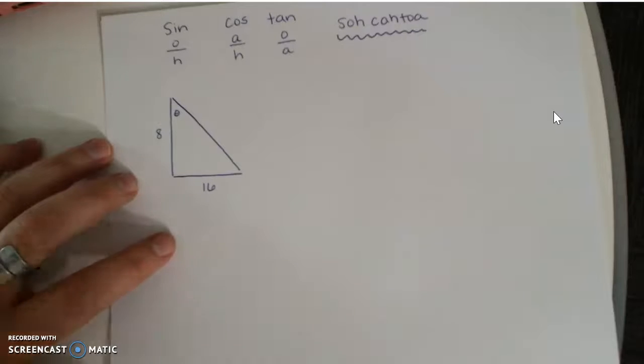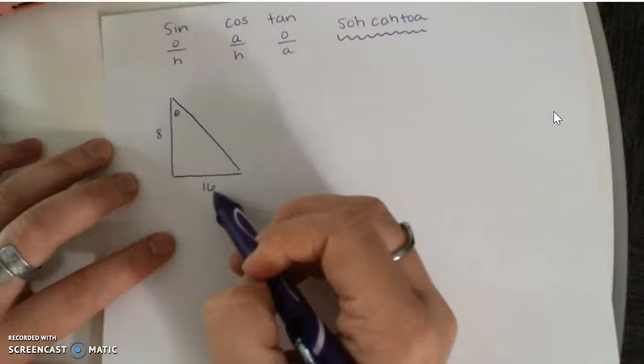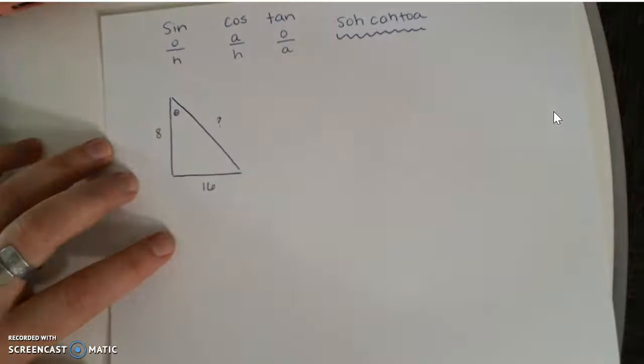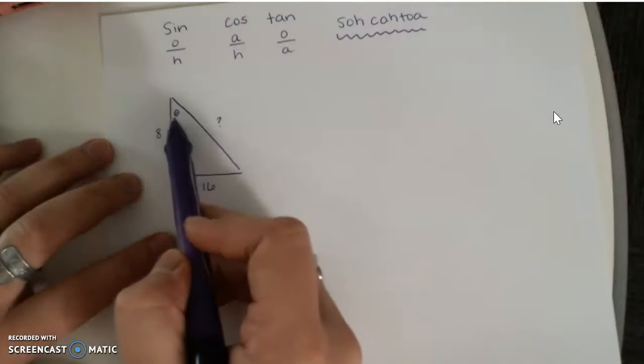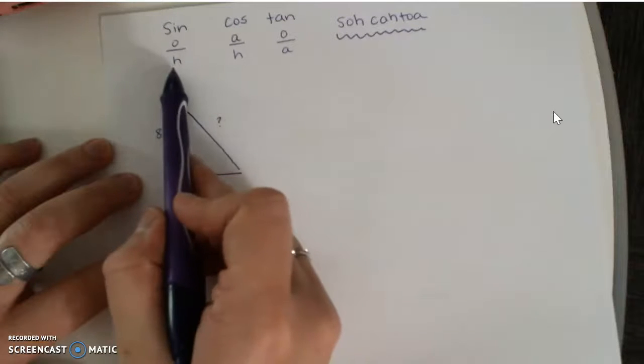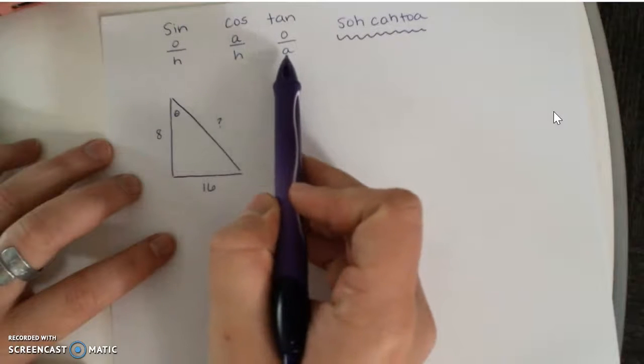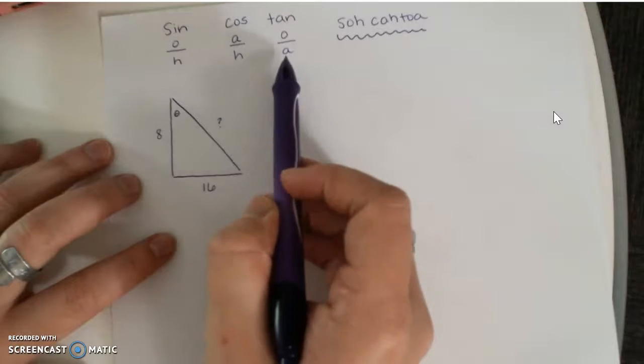Well, the first thing I have to do is see which two sides I have. I have my opposite and I have my adjacent. I have no idea what the hypotenuse is. So if I don't have my hypotenuse, I can't use this one, I can't use this one, so I'll have to use this one, okay?